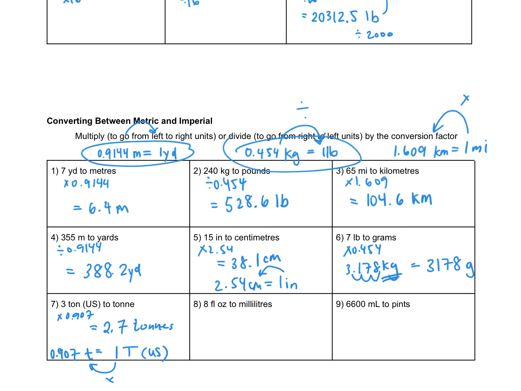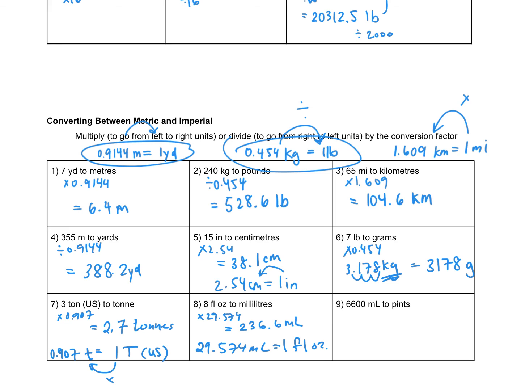Fluid ounces to milliliters. We are told 29.574 milliliters equals 1 fluid ounce, and we have 8 fluid ounces. So once again, we're multiplying by that conversion factor, and we get 236.6 milliliters.